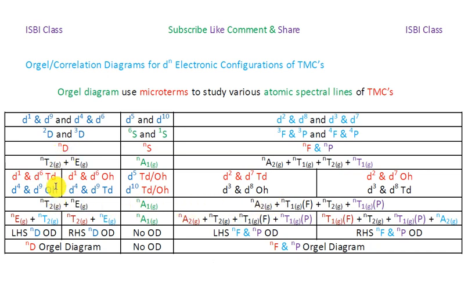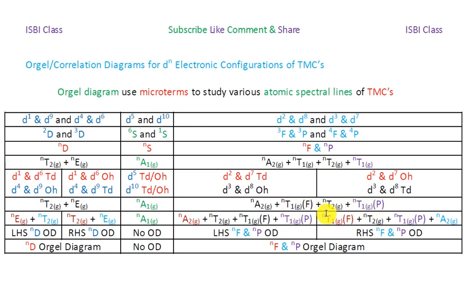Let us see here. The nD term splits into two microterms, nT2(g) and nE(g). Here the nS term splits into only one microterm, that is nA1(g). The nF term splits into three microterms and the nP term gives only one microterm. Here nT1(g) microterm, and here also an nT1(g) microterm is there.